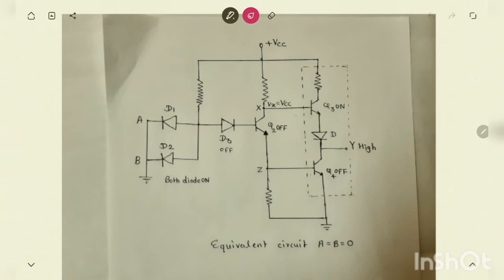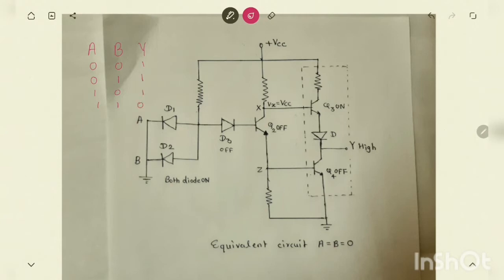Suppose in a 2 input NAND gate, how many possibilities are there? 0 0, 0 1, 1 0, 1 1.